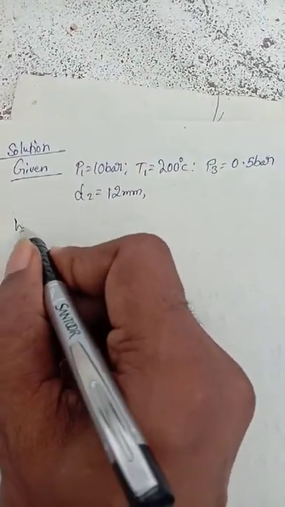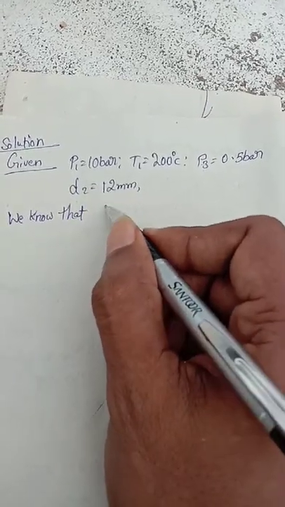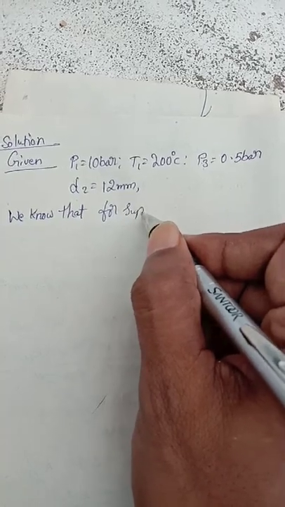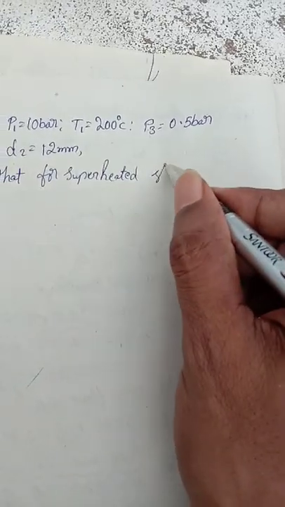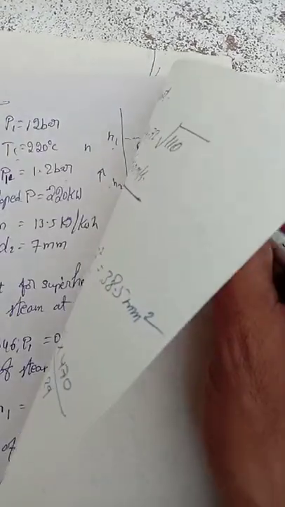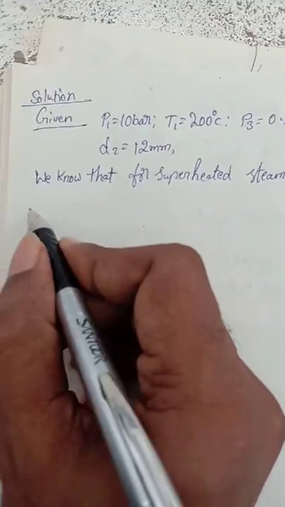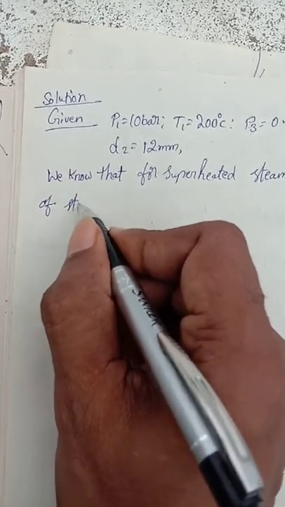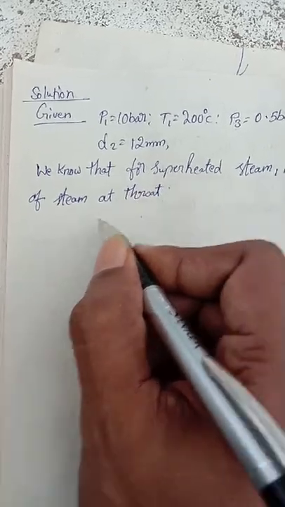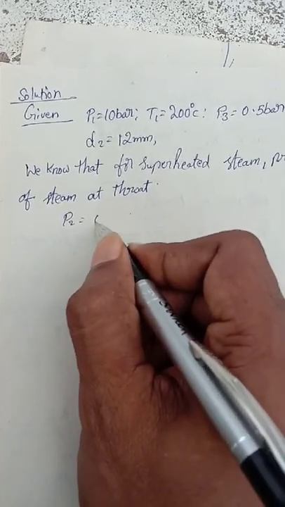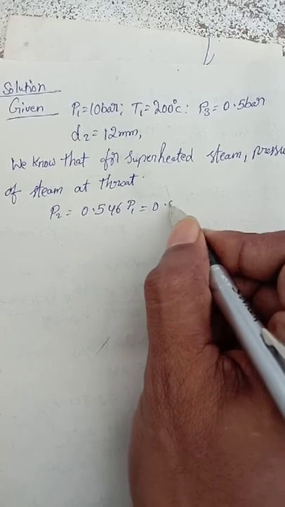Okay. Now we know that for superheated steam, the pressure of steam at throat, so P2 is equal to 0.546 P1.